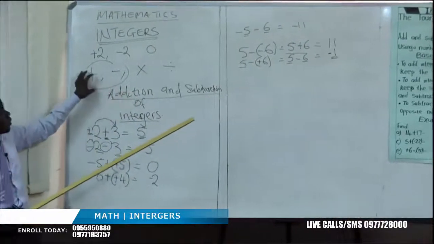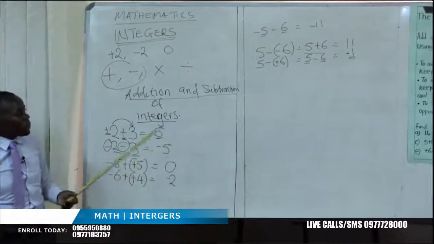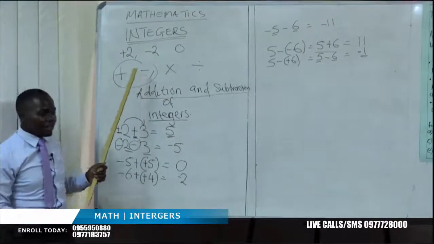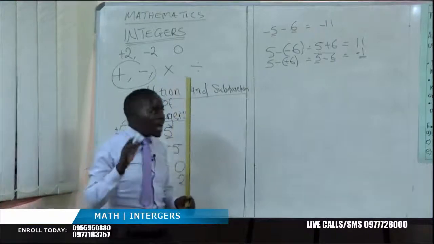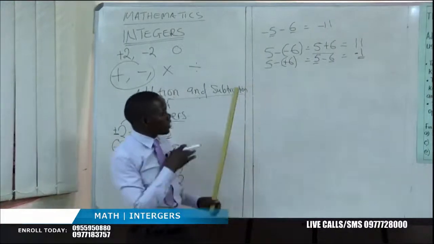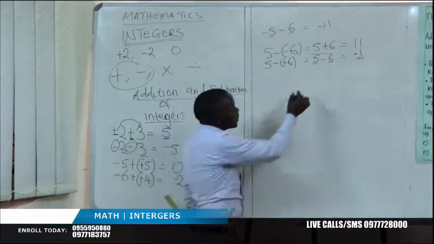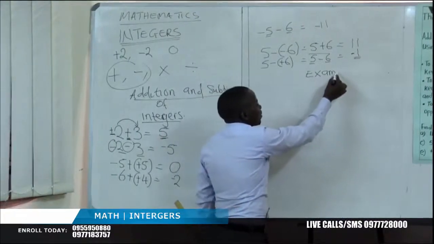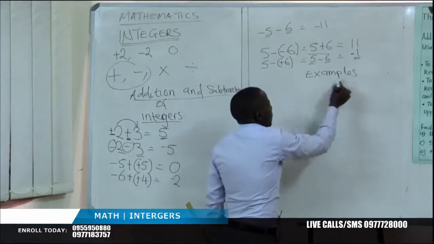So as today we are going to dwell much on these two, which is the positive and the negative. Okay? So these are the most important things. So we might even continue to look at some of the examples. How can we handle such kind of examples?